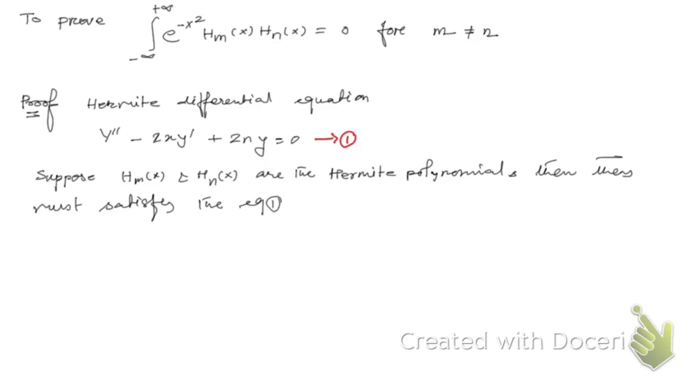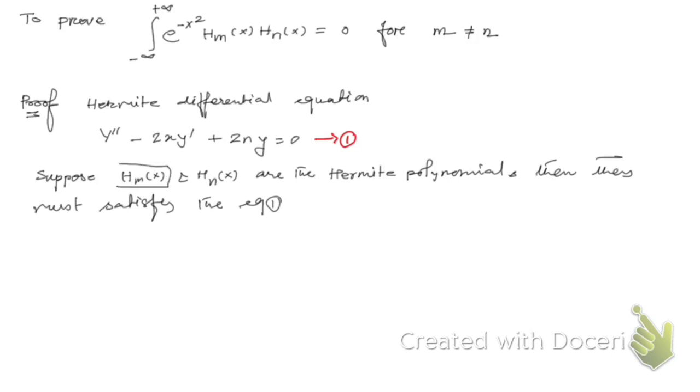That means this is a solution of this equation, this must also be a solution of this equation, right? Hope you have understood this. So if they satisfy equation number 1, then we can obtain two relations.